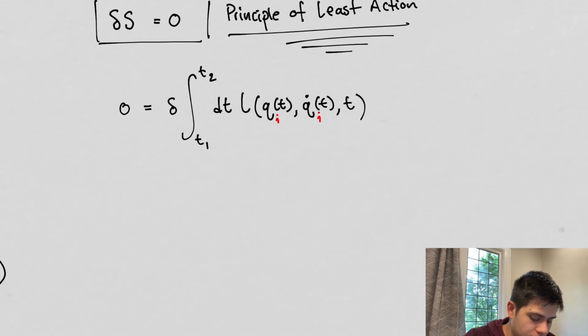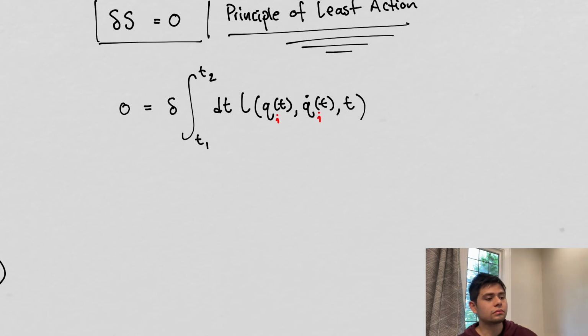Okay? So the change in this here equals 0. This is the principle of least action. And what we can get from this is something called the Euler-Lagrange equations.